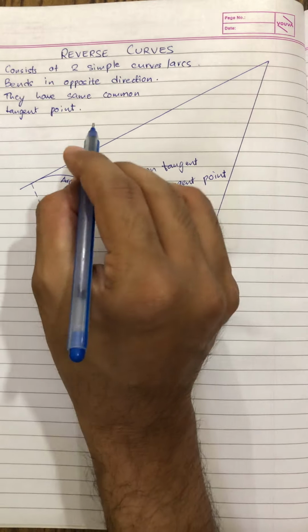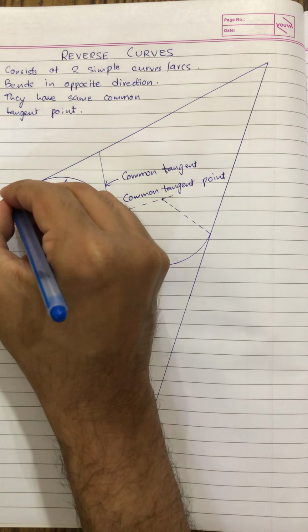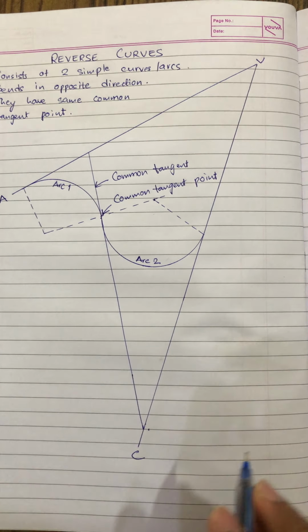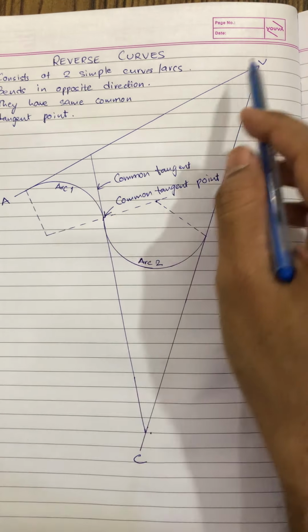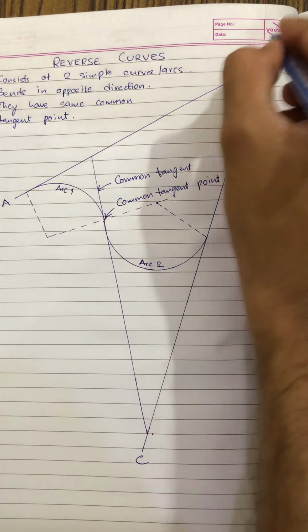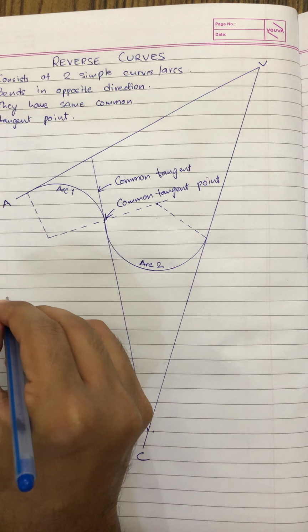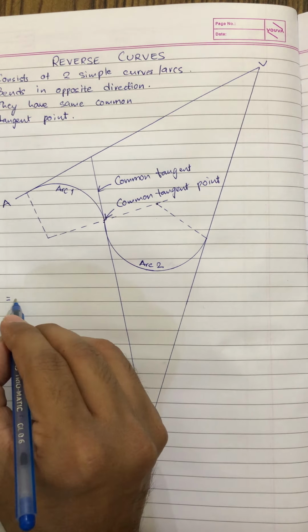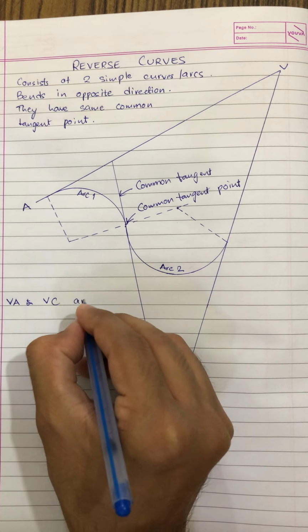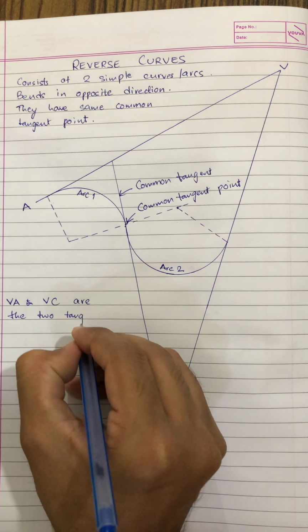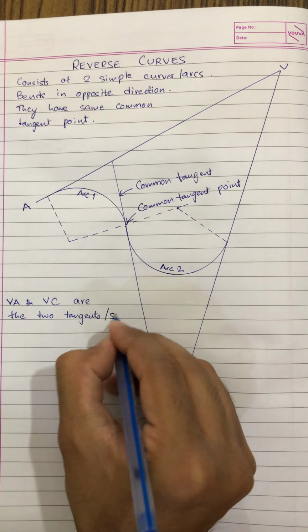Okay, let us call this as A, V and C. This is point A, this is V and this is C. So here VA and VC are the two tangents or straights.